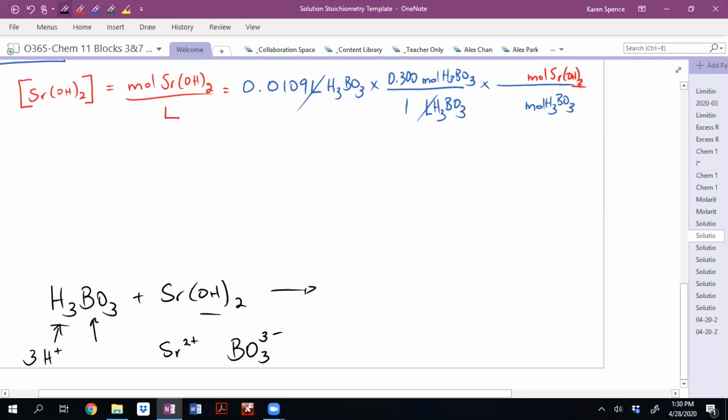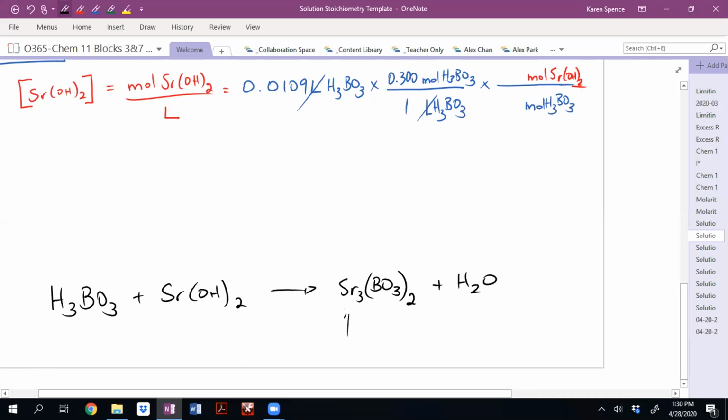Okay, and so our formula then would be Sr3(BO3)2, and then of course our other product is water. Now this is not balanced, so let's balance it. One thing you can do is say I want 3 strontiums, and I want to have 2 borates, and guess what?